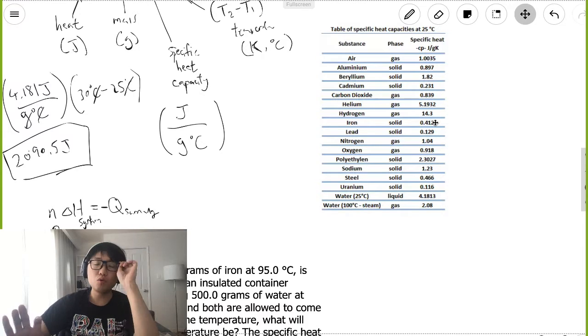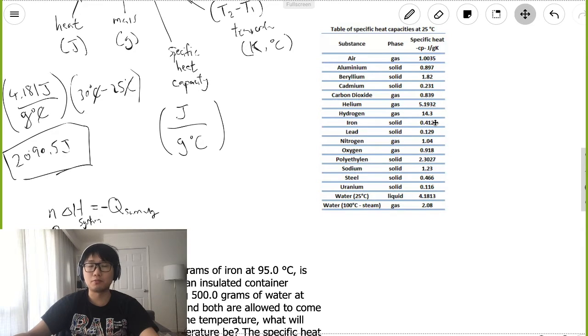It's how unwilling that substance is to change temperature, to resist temperature change. So the higher the number, the more it wants to resist change. You can almost think about it as a heat inertia kind of thing, but not really. So water really doesn't like changing its temperature. Iron doesn't mind as much.